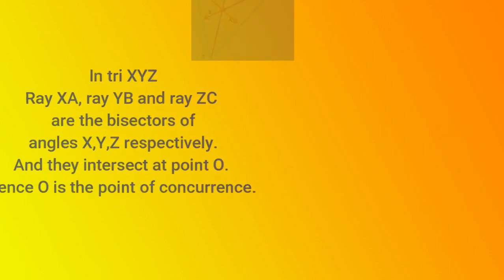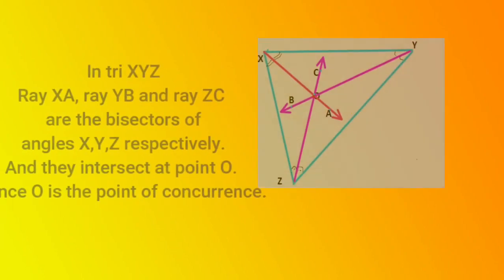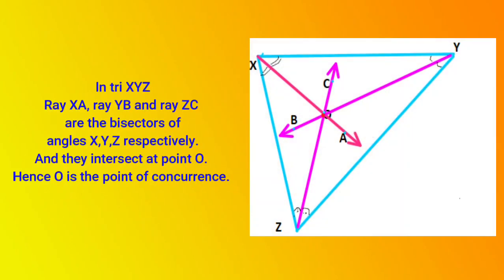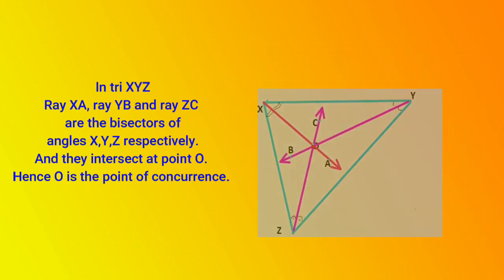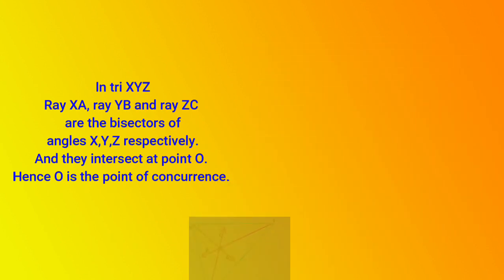Now observe the figure alongside. In triangle XYZ, ray XA, ray YB and ray ZC are the bisectors of angles X, Y, Z respectively, and they intersect at point O. Hence, O is the point of concurrence.